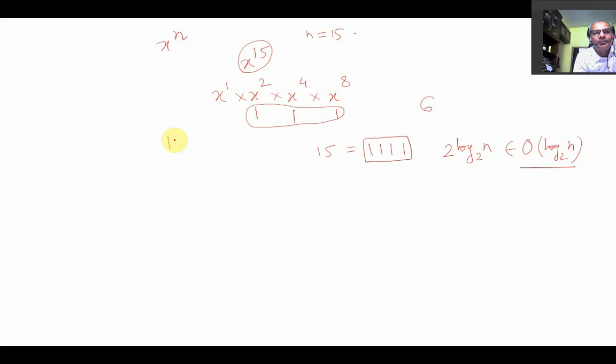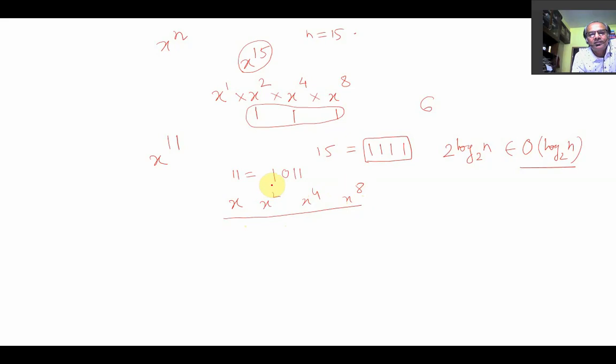Now you can tell me, how do you find x power 11? That can be done as 11 can be represented as 1 0 1 1, that is 8, 2 and 1. So you have to find x first, then x square, then x4, and then x8, because for finding x power 8 you have to do all those steps.